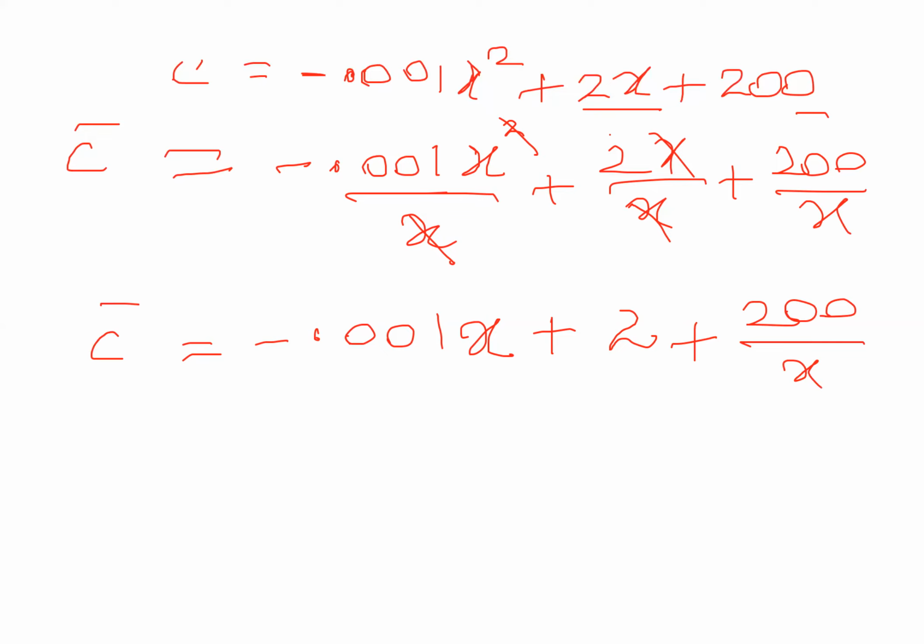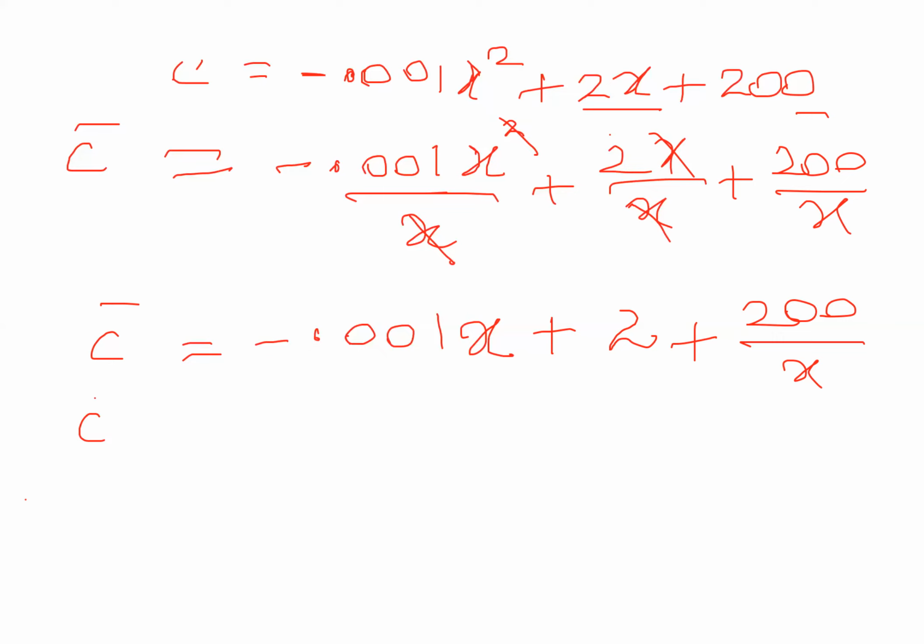Then, when finding the C bar marginal, our marginal function of average cost, we need to differentiate this function. Be careful when differentiating this one. Before differentiating, I can convert it to make it a little easier.